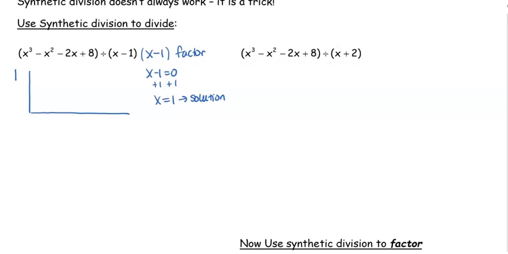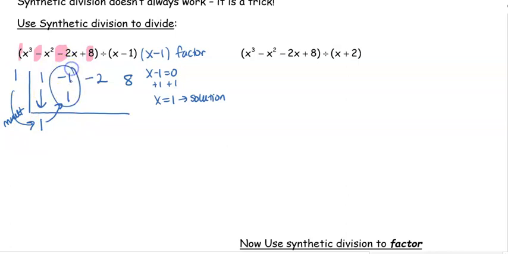I take the coefficients. So 1, negative 1, negative 2, and 8. I put those here. 1, negative 1, negative 2, 8. I bring down the first. I multiply. So 1 times 1 is 1, and I put it there.